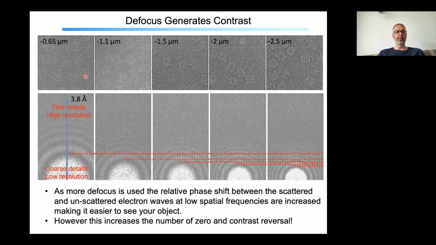They are there. But as we increase the defocus, it becomes easier and easier for us to see our objects, because the power of the low spatial frequencies is transferred into the image. But again, as I said earlier, the problem with this is it increases the number of contrast reversals.